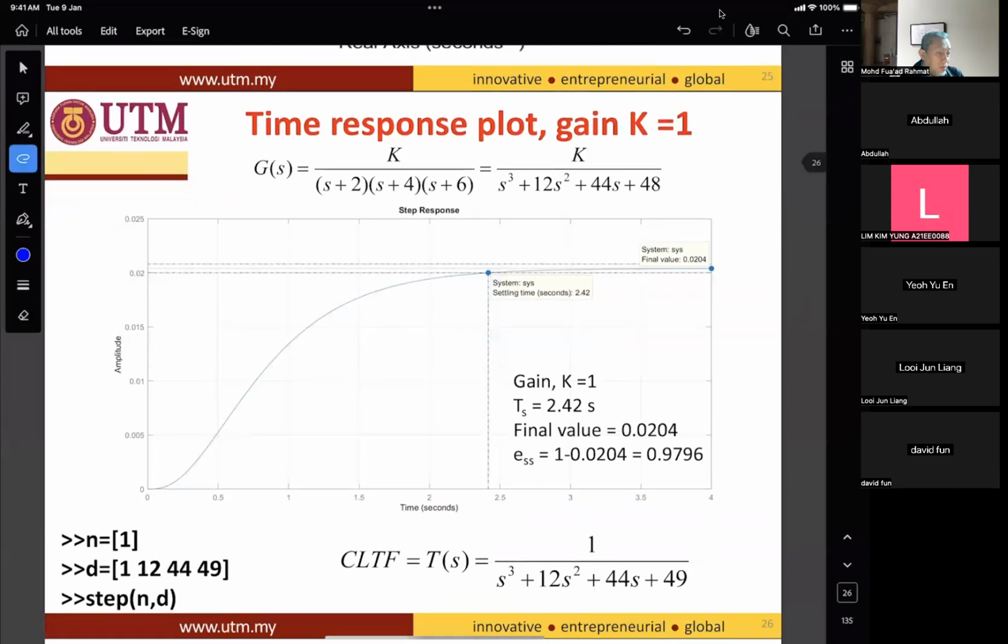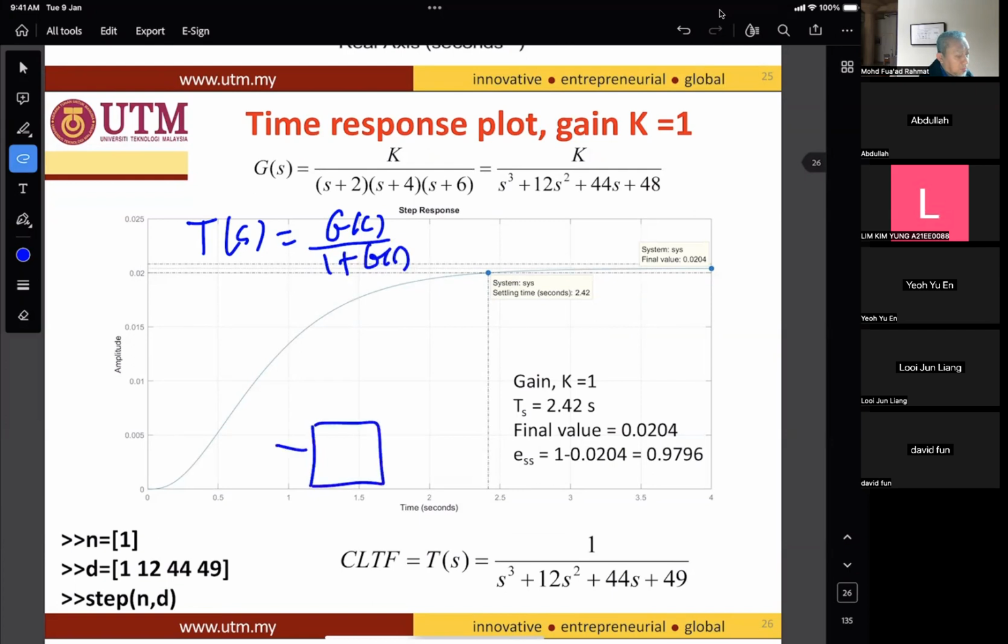This one is G(s). So you have to find T(s) first. So T(s) is G over 1 plus G(s). Once you get the T(s), you inject the closed loop with a step of 1 volt and observe the response.